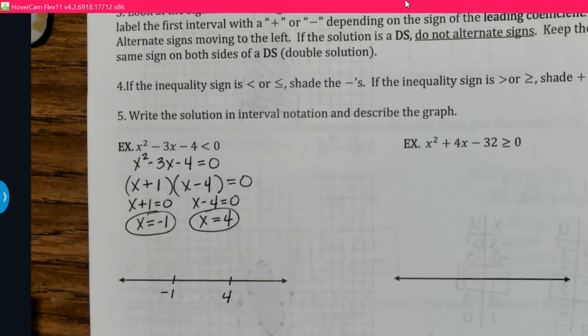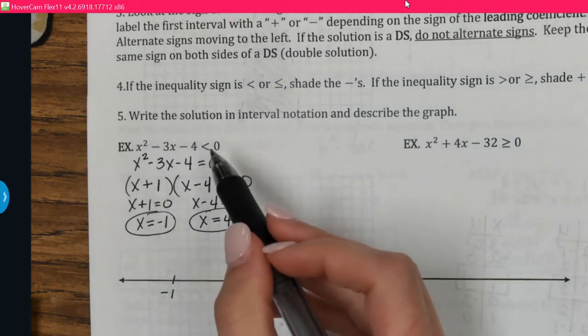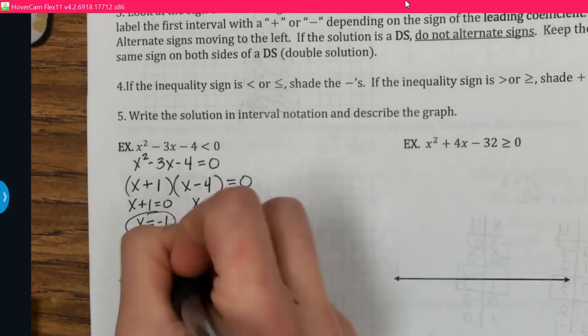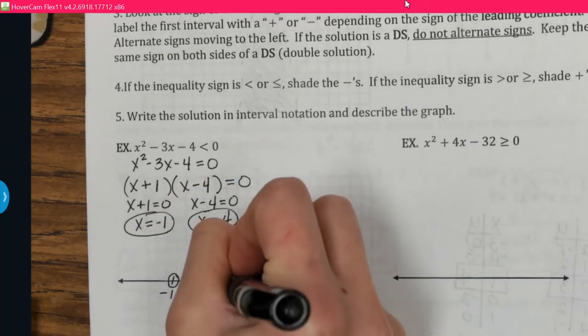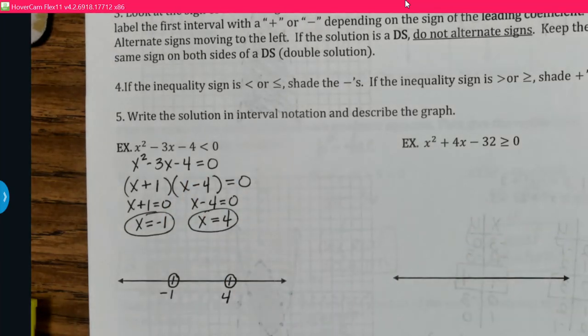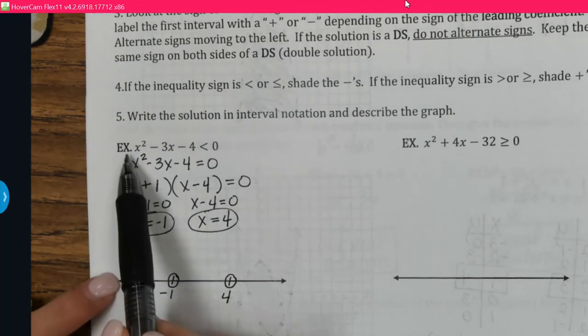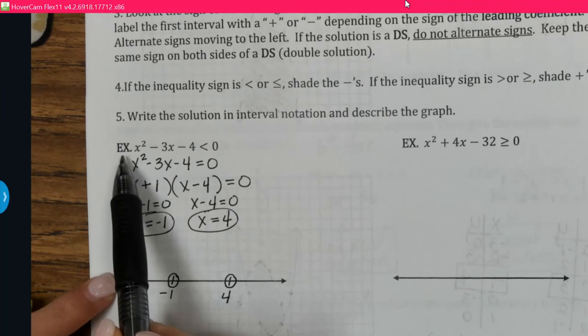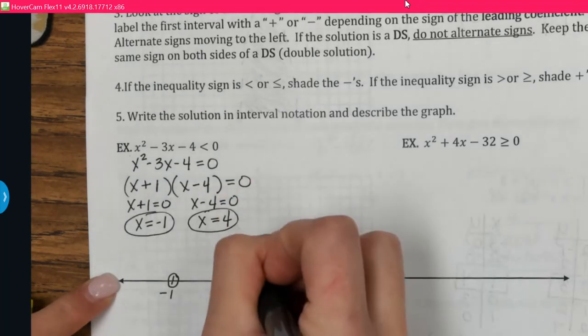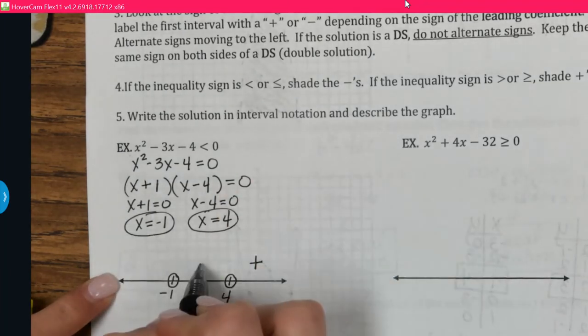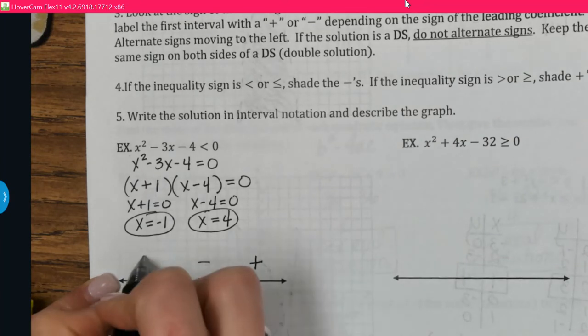Now my inequality is just less than, so I'm going to have open circles. Now that I have this, I'm going to look at my leading coefficient. It's positive. So from the right side, I'm going to have a positive, then I'll alternate negative, then positive again.